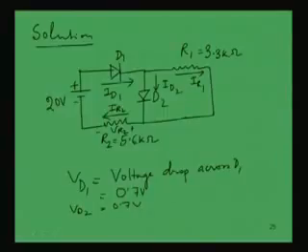So, ID1, the current coming out from this terminal, and the current entering this terminal, IR2, must be equal. So, your ID1 is nothing but IR2. IR2 we have already found out, and that is equal to 3.32 milliampere.